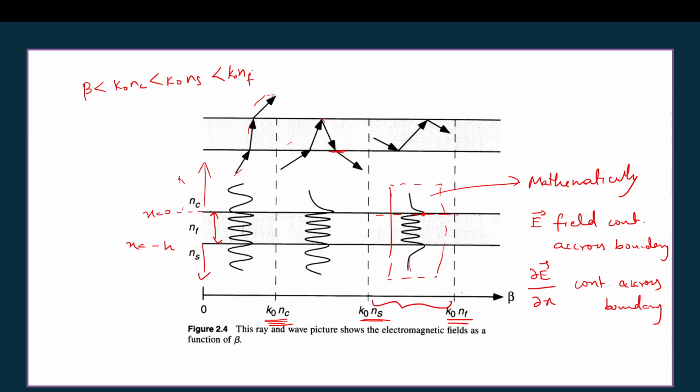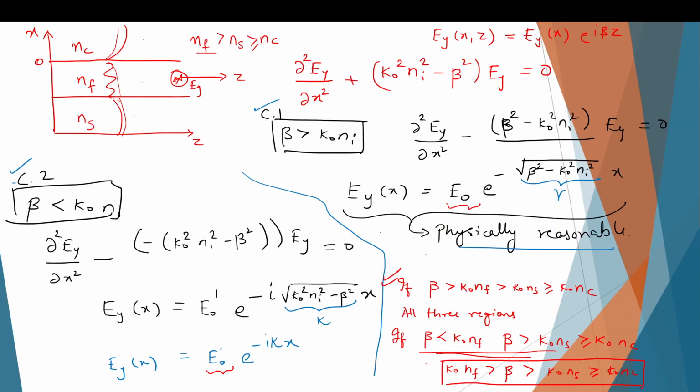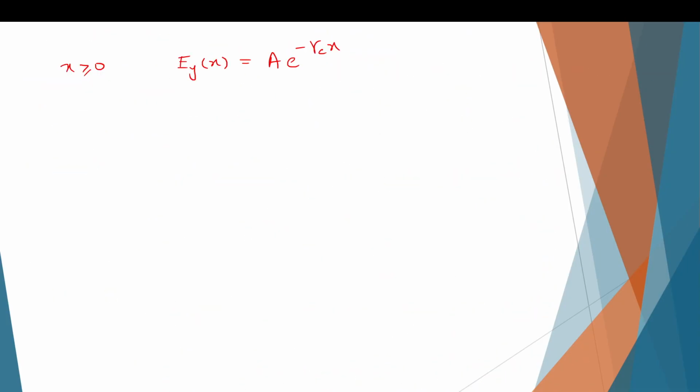If we just go up, this gamma is nothing but the square root of beta square minus k naught square n i square. So gamma c will be, similarly gamma s also. Yeah. So for x greater than 0, this is the thing.